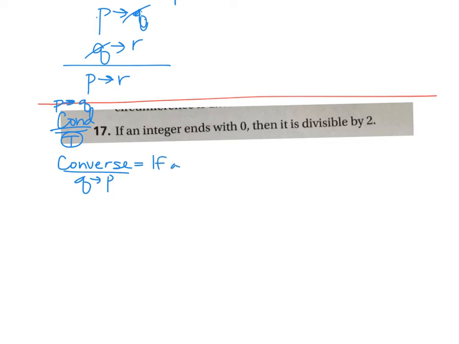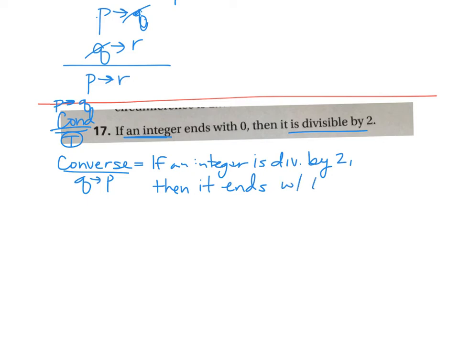So if an integer, because we're still talking about an integer, is divisible by 2, then it ends with 0. Okay, true or false?